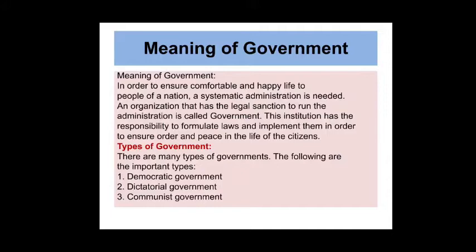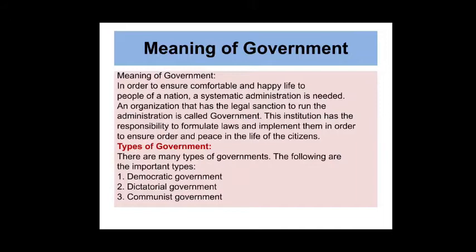Children, what is the meaning of government? In order to ensure a comfortable and happy life to people of a nation, a systematic administration is needed. An organization that has the legal sanction to run the administration is called government.